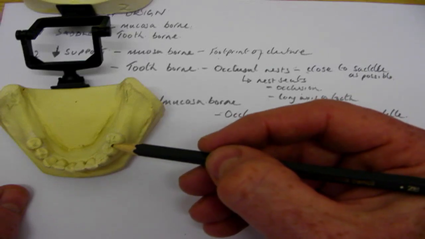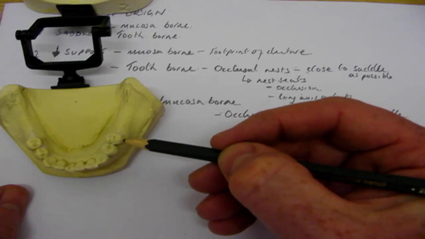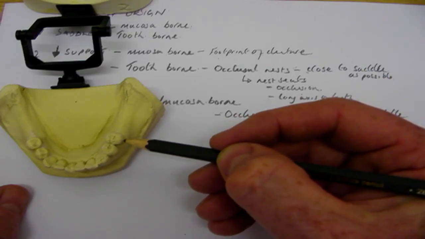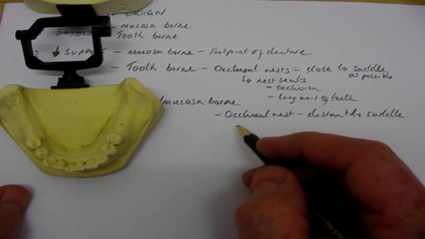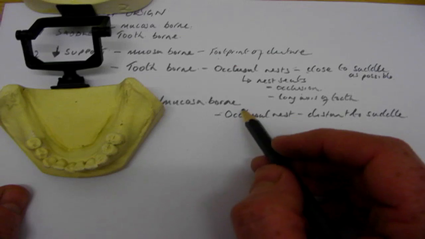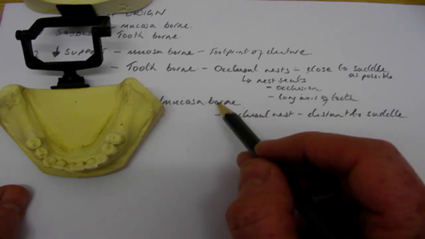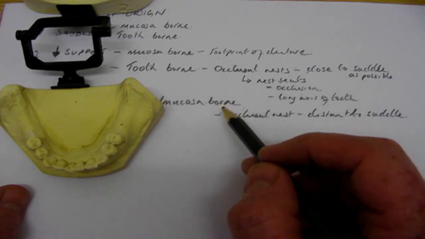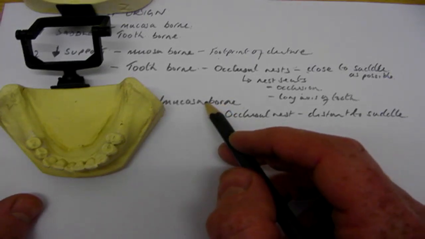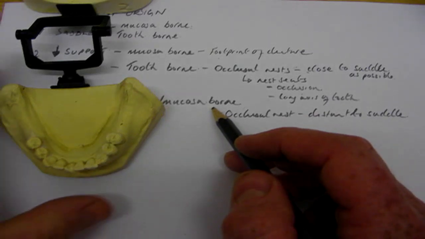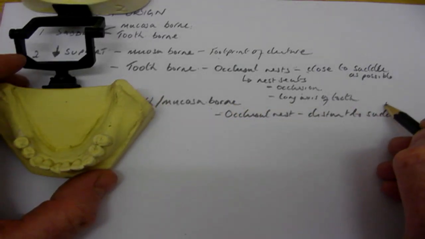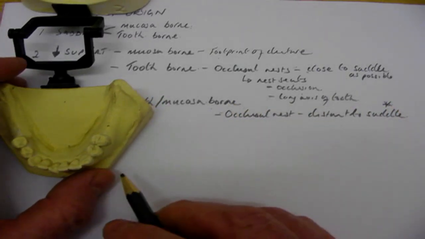If we imagine we're going to clasp this tooth, the occlusal rest is positioned on the opposite side of the clasp tip to the saddle area. We'll come back to that in a little while when we talk about positioning of occlusal rests to help with problems when designing or providing support and retention and bracing for free end saddles.